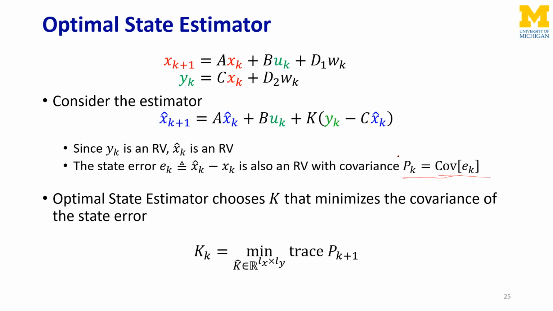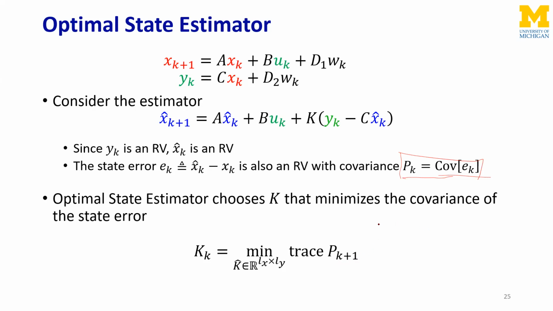Okay, this is the most important equation that you want to keep track of. An optimal state estimator chooses the gain K such that the covariance of the state error, which is Pk, is minimized. More specifically, we choose this matrix Kk, which minimizes the trace of Pk plus 1.